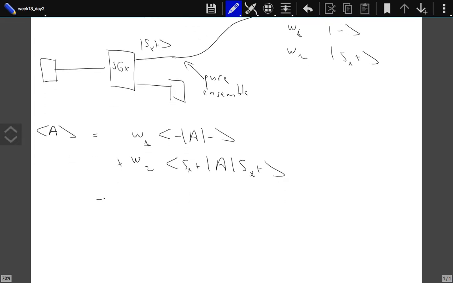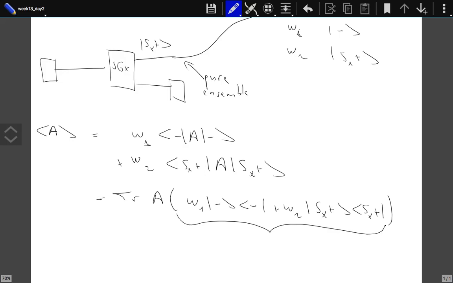Which, by the way, I can also write as the trace of A times (omega 1 |minus><minus| plus omega 2 |Sx plus><Sx plus|). And it's basically this observation that tells me that I can identify this operator with rho, what we call the density matrix.